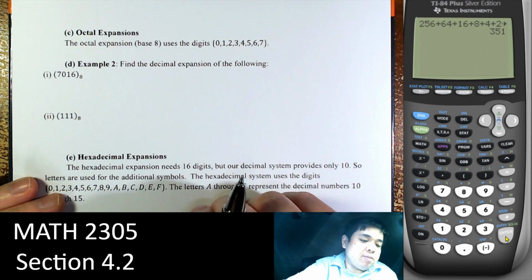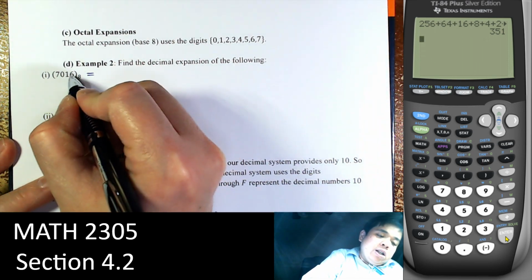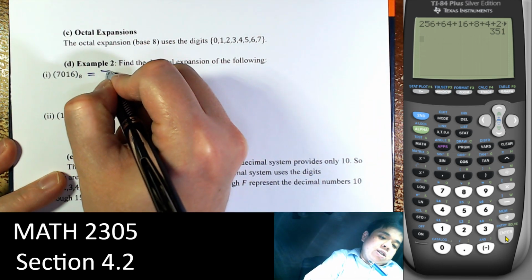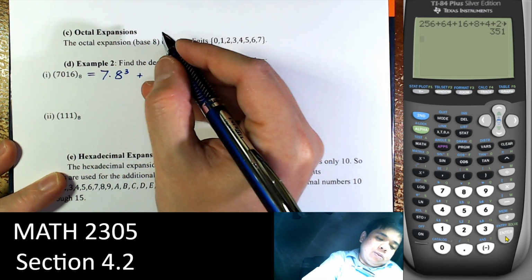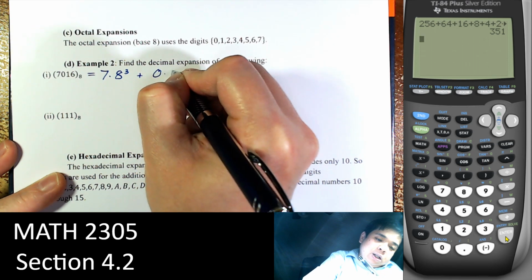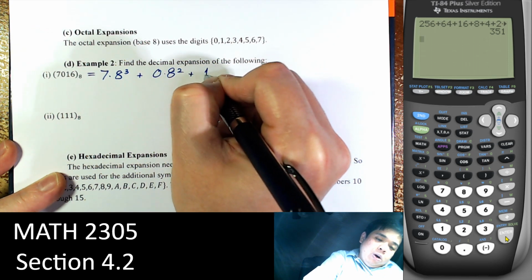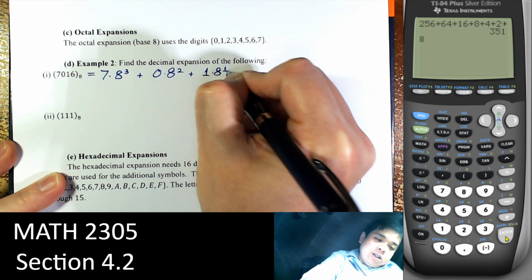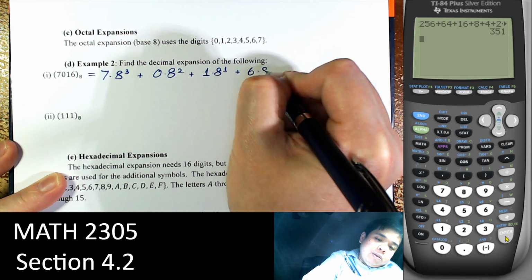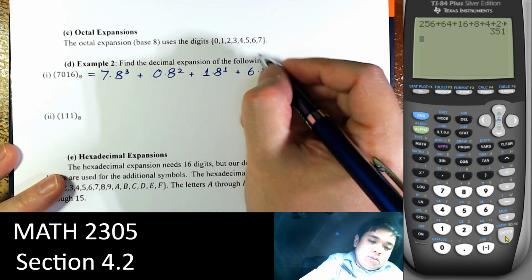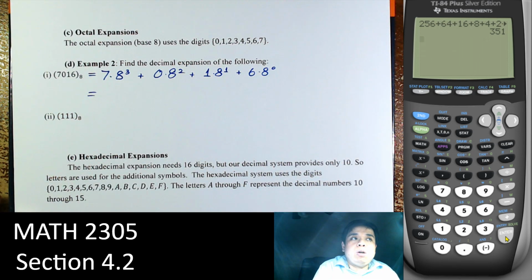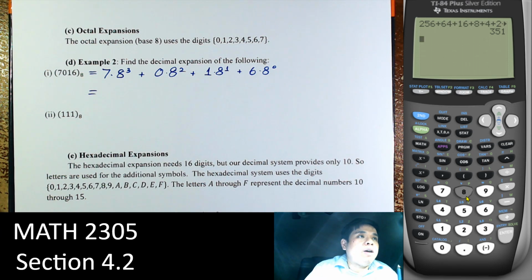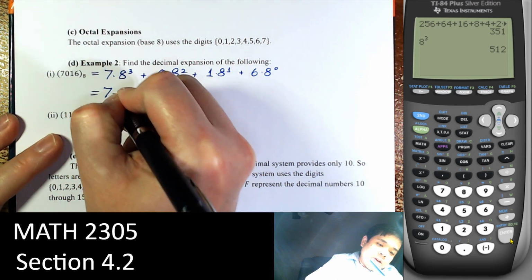So again positions 0, 1, 2, 3: 7 times 8 cubed, 0 times 8 squared, 1 times 8 to the first, and 6 times 8 to the 0. Right, 8 cubed is 512, I think. Yep. So 7 times 512.